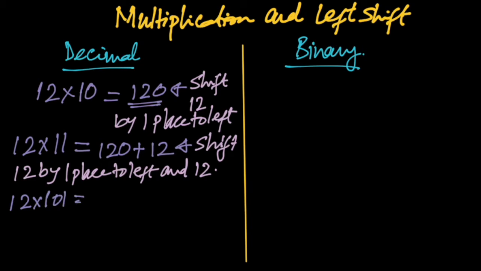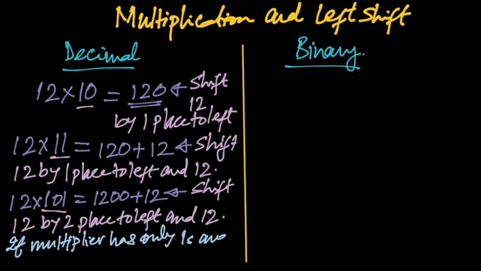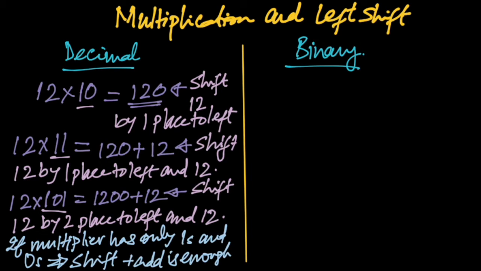Similarly, if we have to multiply 12 and 101, then we will shift 12 by two places and then we will add 12 to it. So the thing is, if the multiplier has only ones and zeros, then shift and add is enough to get the answer of the multiplication. And in the binary system we have only zeros and ones. So the multiplier will always have only zeros or ones.